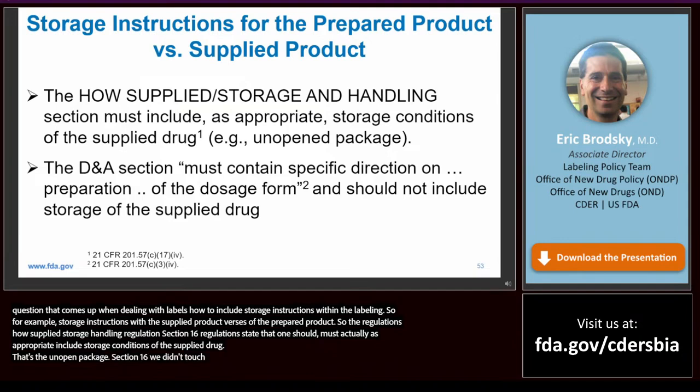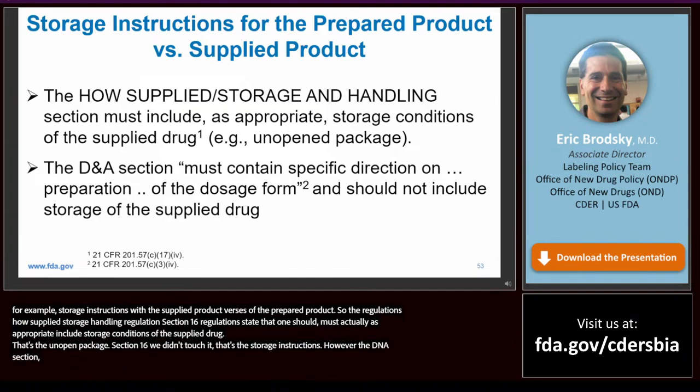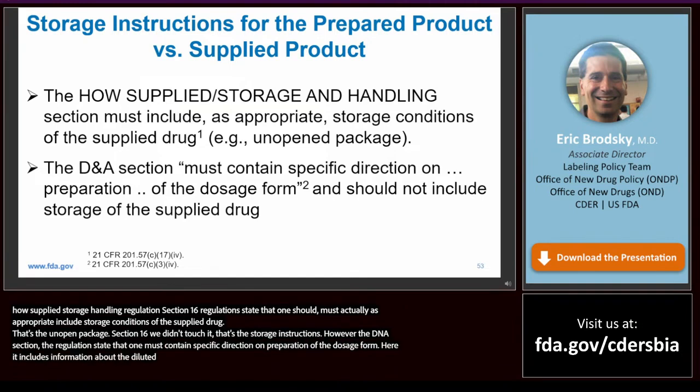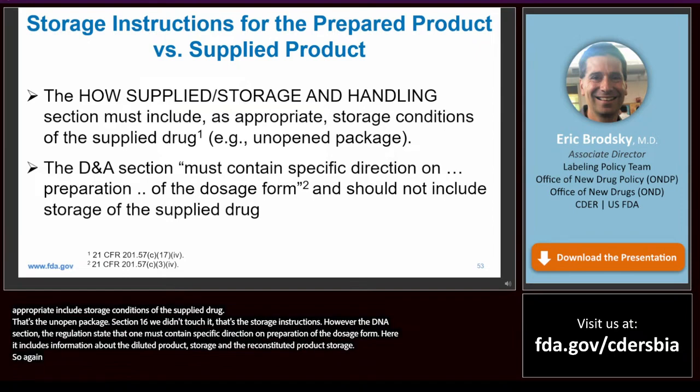However, for the DNA section, the regulations state that one must contain specific direction on preparation of the dosage form. And so here, the DNA section includes information about the diluted product storage and the reconstituted product storage. So again, supplied product, unopened package, Section 16; manipulated product, prepared product, diluted, reconstituted, Section 2.